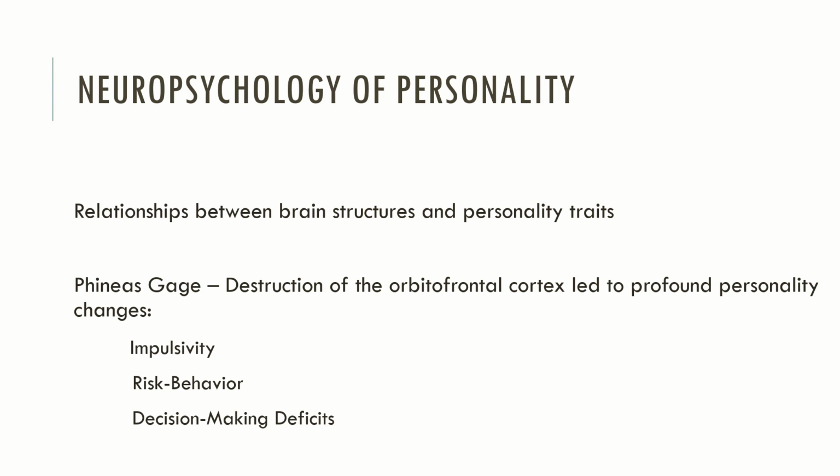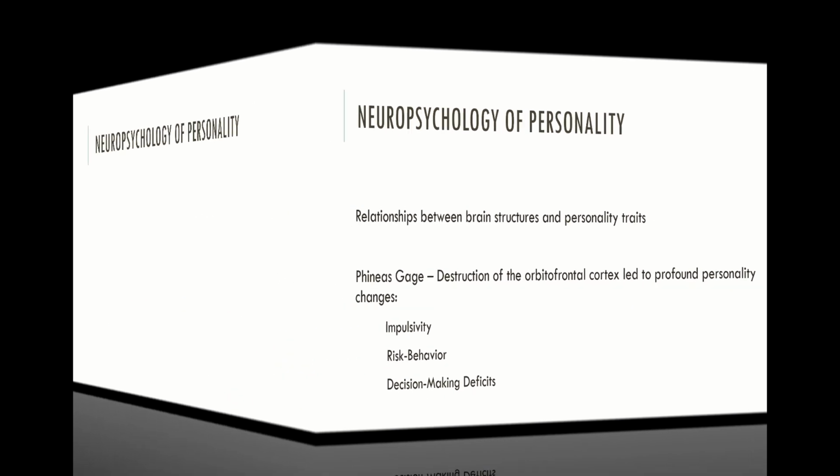In this sense, clinicians started to understand that there may be some correlates between brain structures and some personality traits. In this case, we are talking about the destruction of the orbitofrontal cortex, which is an area related with decision-making and affective modulation, which implied some modifications on Phineas Gage's personality.